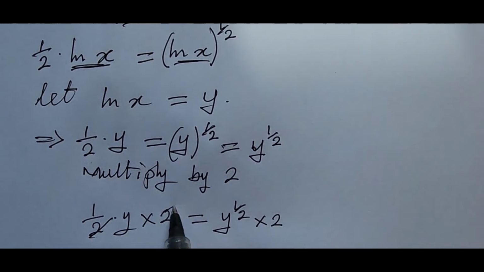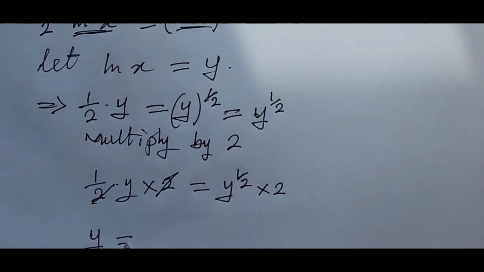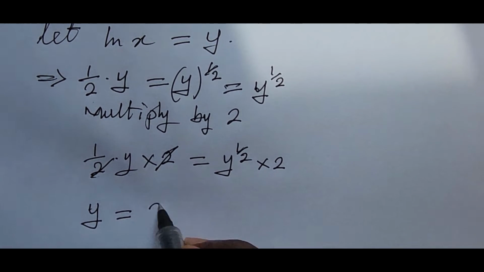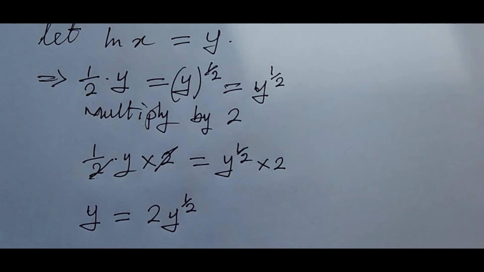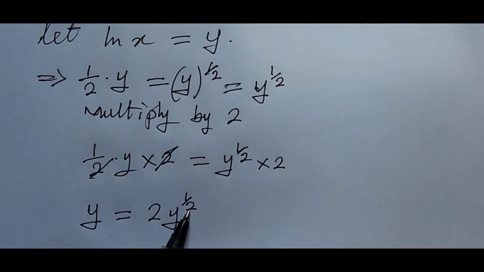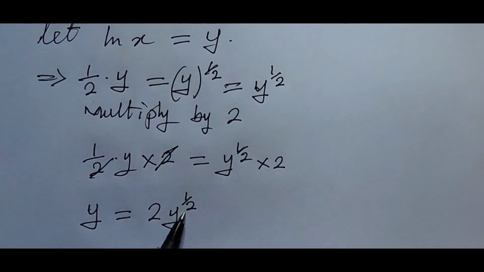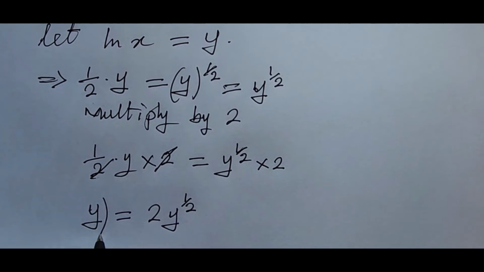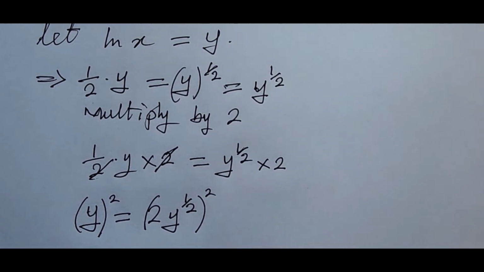So we are now left with y equal to 2y to the power of 1 over 2. This is a power, and it's a fraction, so we take the opposite of this, which is square. So we raise this side to the power of 2, and we equally raise this side to the power of 2.